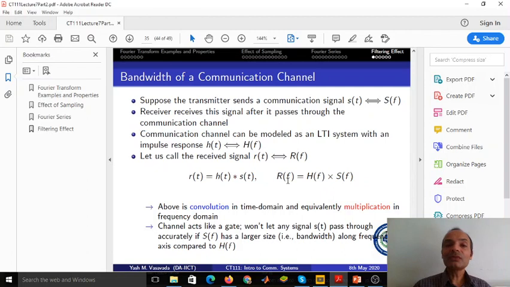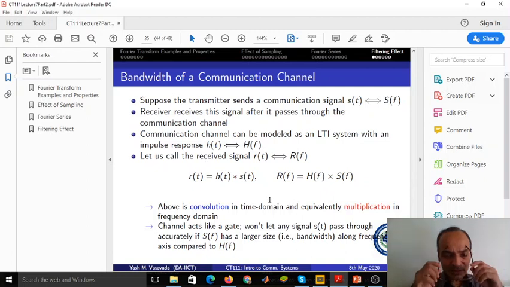And therefore, what we will get at the receiver, this capital R of f, will be a spectrum which is a distorted version of capital S of f. And whenever we distort the signal in frequency domain, obviously the time domain will also take a hit. That is something quite common in the design of a communication system, and something that we have to keep in mind.